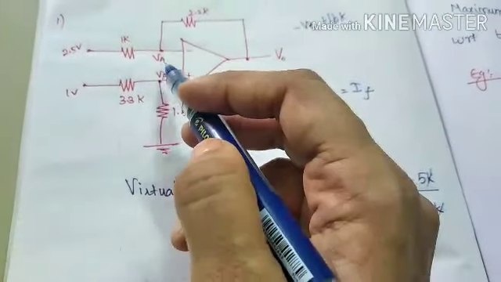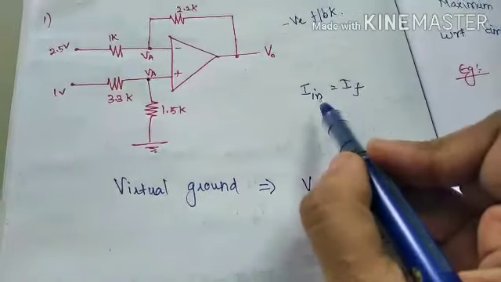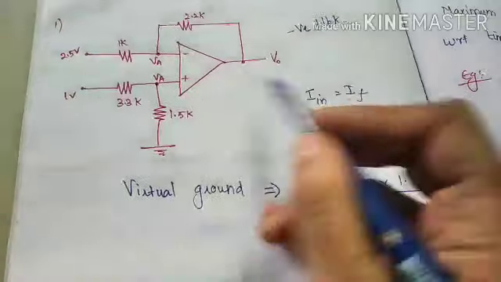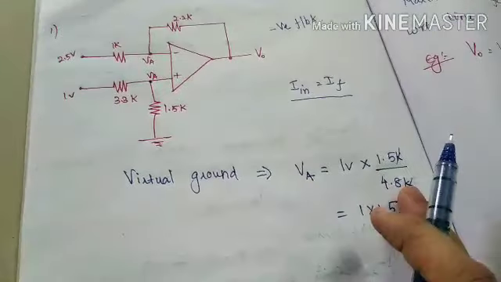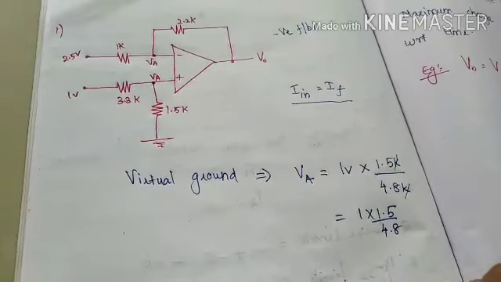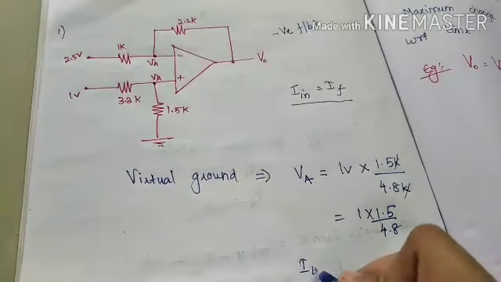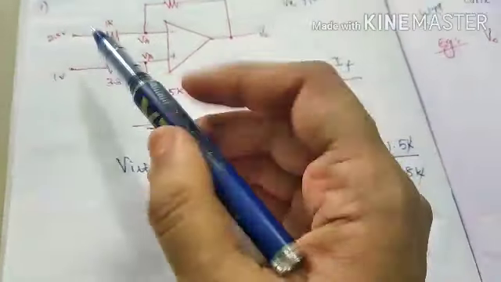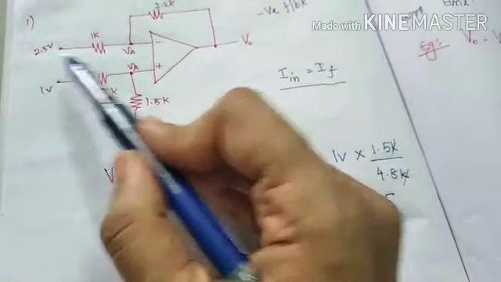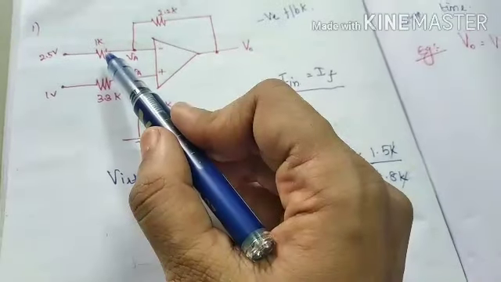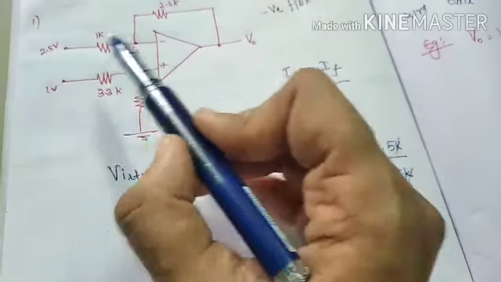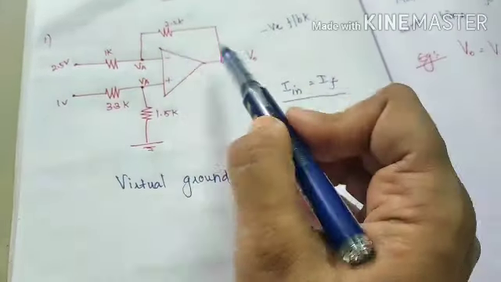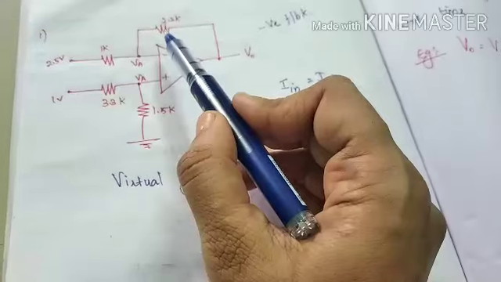By remembering this, we apply the rule. Now we find the value of I in: the voltage difference divided by the resistance. So (2.5 minus VA) by 1K is equal to (VA minus V0) by 2.2K.